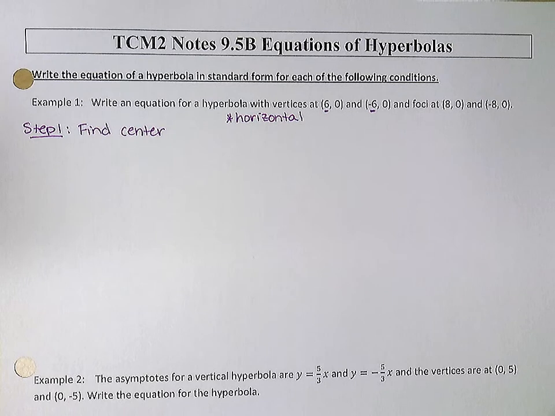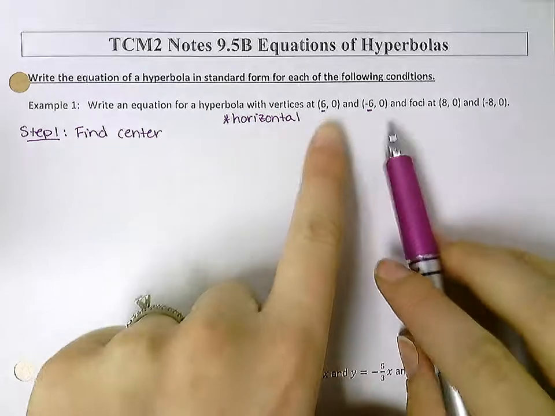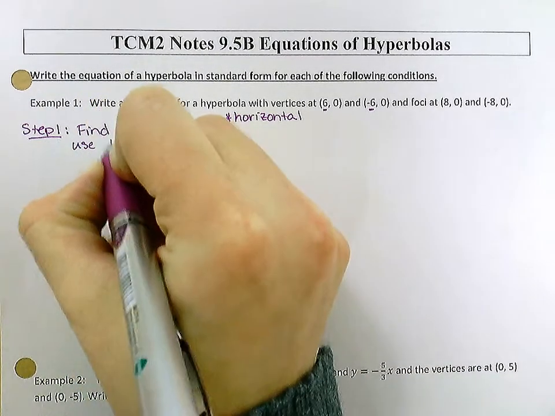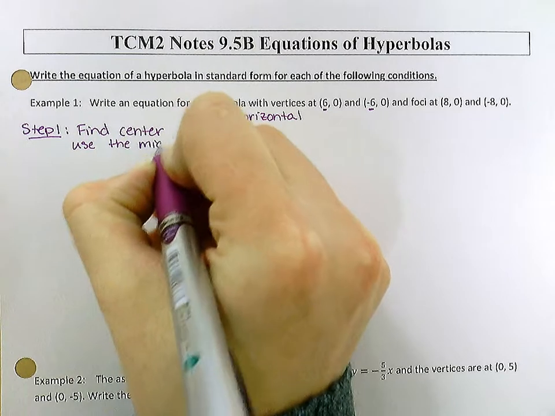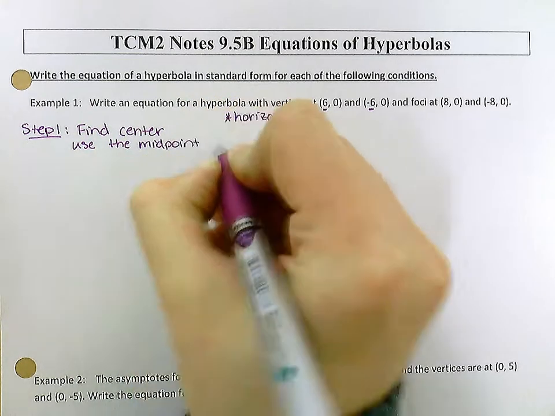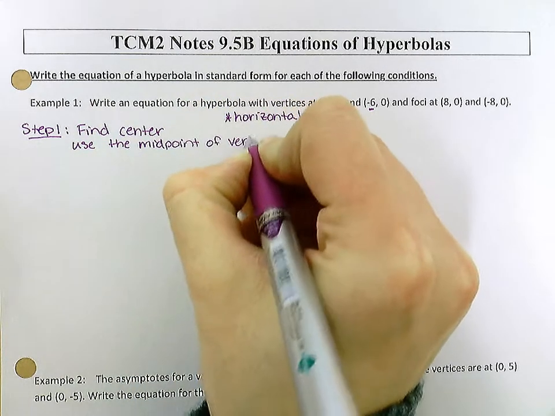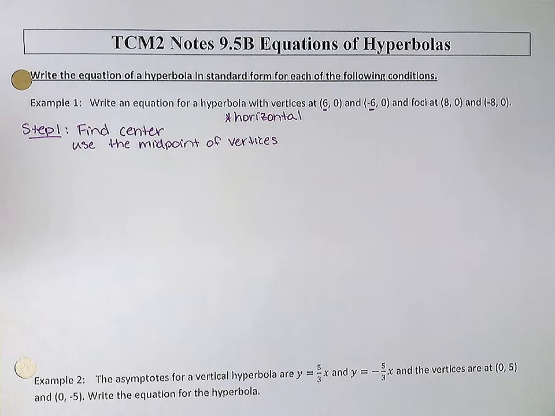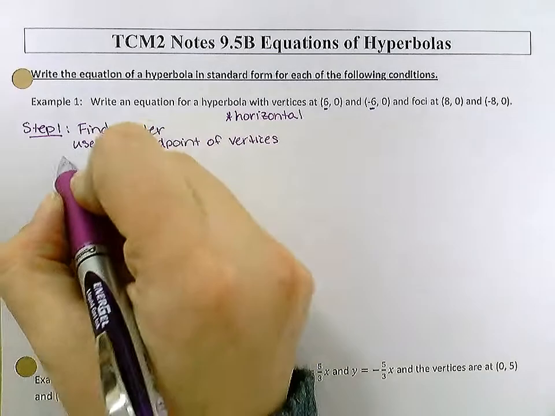But if you're not given points like this, you can just use the midpoint of your vertices. So that means I'm going to average my x's and average my y's.